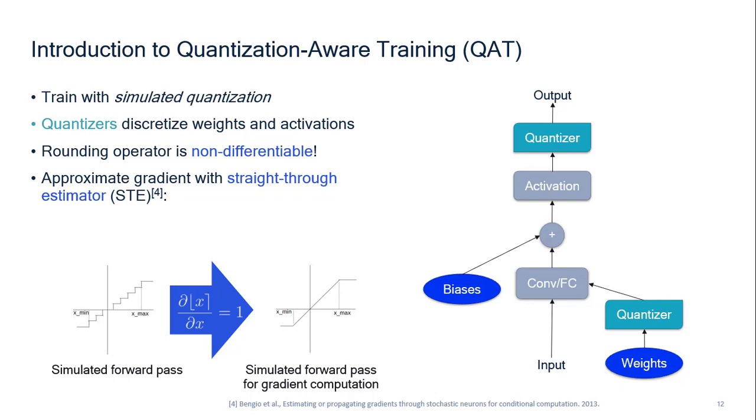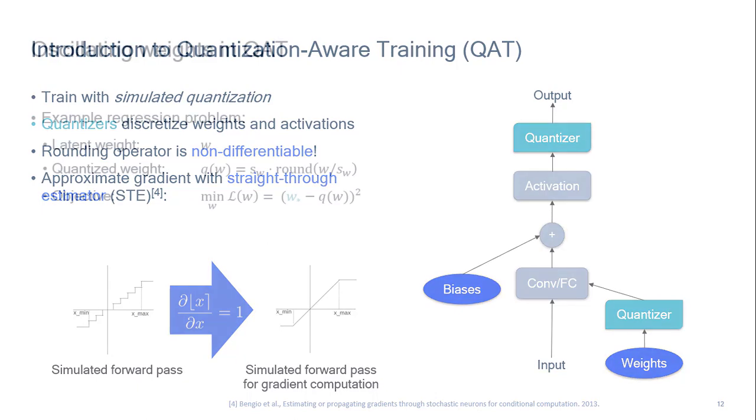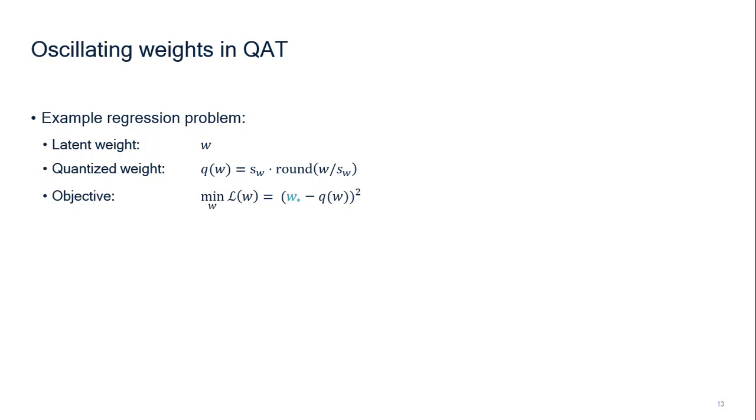It's important to note that during and after QAT, the high precision weights are by themselves meaningless before quantization is applied. They should be seen as gradient accumulators rather than higher precision versions of the quantized weights. And to illustrate this, let's look at a simple quantized regression problem. We have one latent weight W, we have a quantized weight Q of W, and we optimize a least squares objective with a target value of W star.